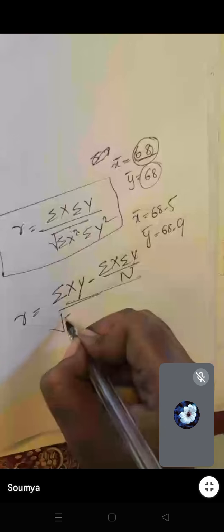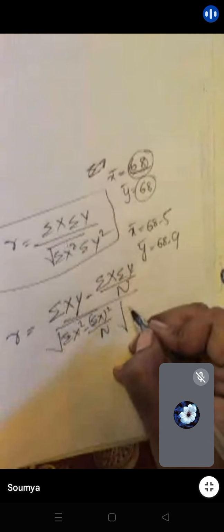You have to memorize these formulas. Summation x square minus summation x whole square by n, and the same part, in the place of x we have y square minus summation y whole square by n. This is for assumed mean. If you consider an assumed mean in the place of x bar, use this formula.